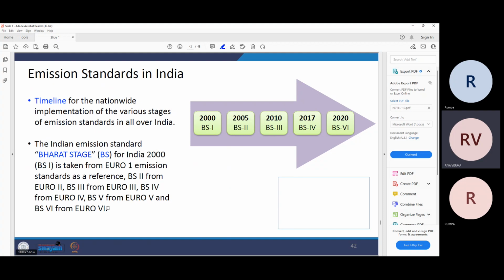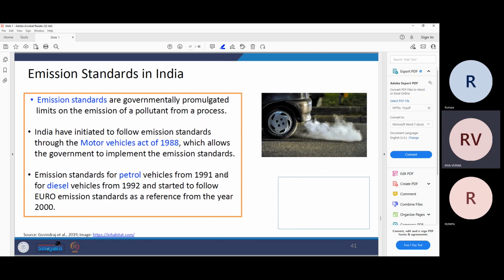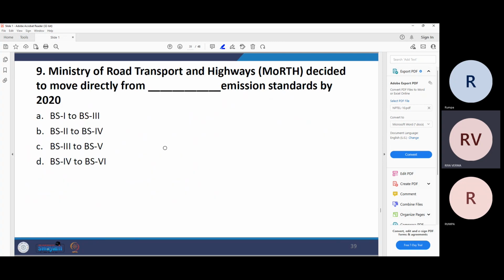And for BS6, that was in 2020, the reference standard was Euro 6. So in 2020, the government directly jumped from BS4 to BS6 emissions. That was BS4 in 2017, BS6 was in 2020.